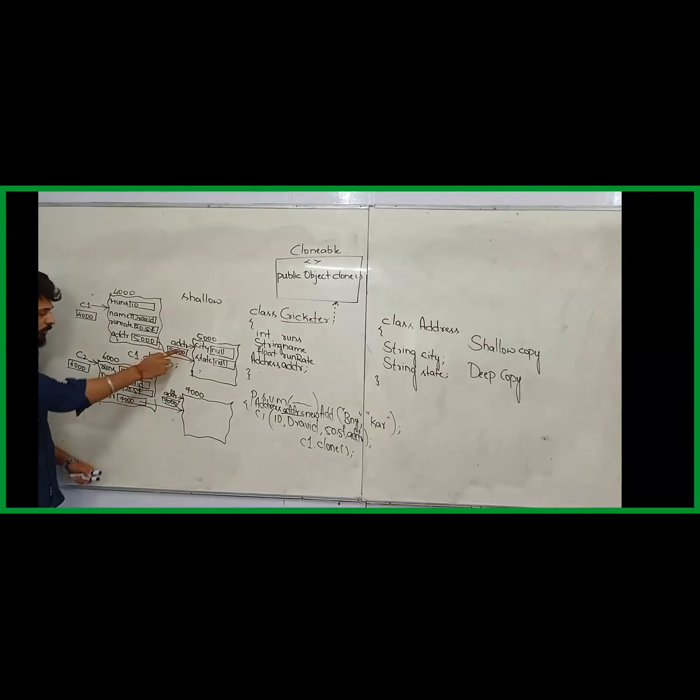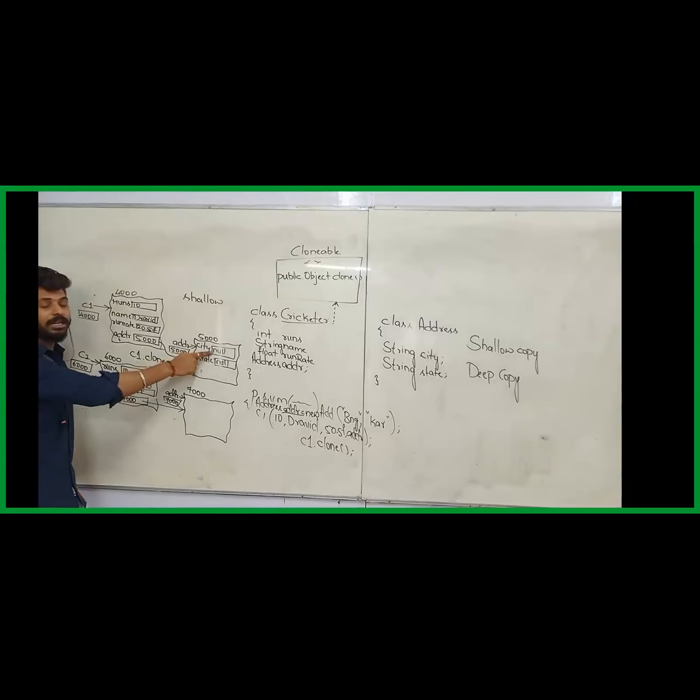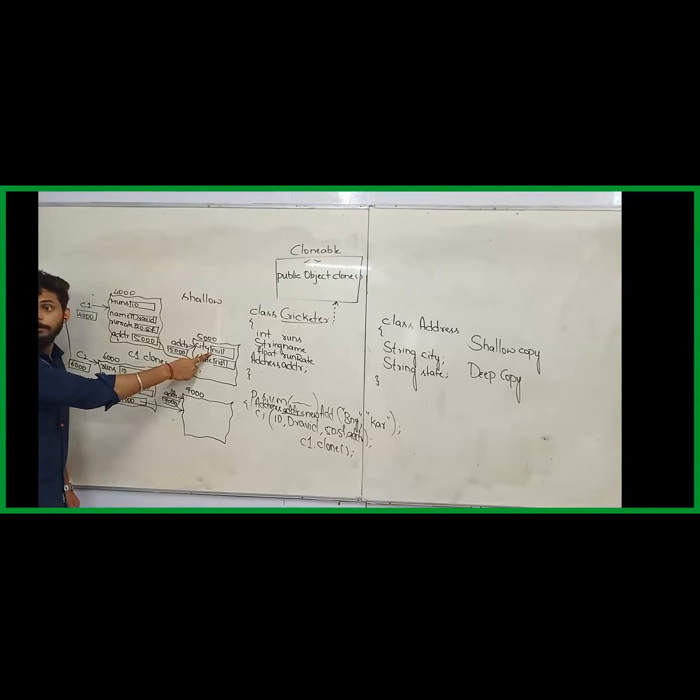Now what I will do after creating a copy, from C2's address I'll change the city, which is null. I'll try to change it to, suppose, Shimoga. Initially what I have given in my program, I think I have given it as BNG. Yes or no? No, null only I have given. So now I'll try to change it to BNG.